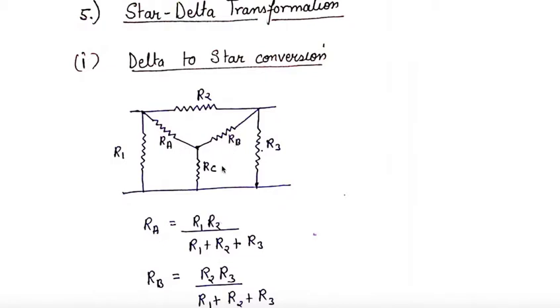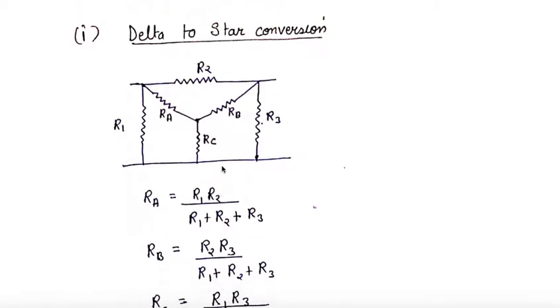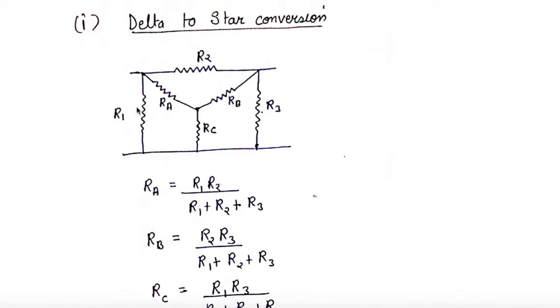We will mark RA, RB, RC resistances, and the value of RA, RB, RC in terms of R1, R2, R3 is: RA will be R1 into R2, the resistances adjacent to it, at the same node, divided by R1 plus R2 plus R3.